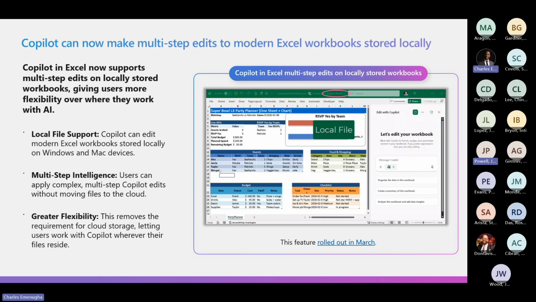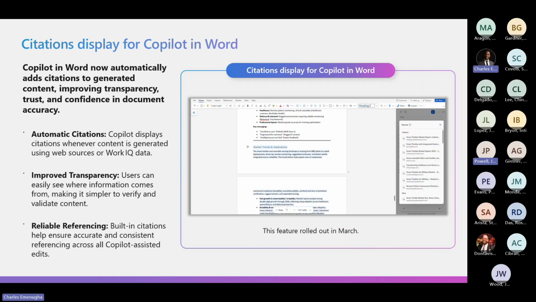Okay, awesome. So let's move on. This is the second to the last slide to be presented today, and it's citations display for Copilot in Word. Now, this update improves trust and transparency when using Copilot to edit documents in Microsoft Word.